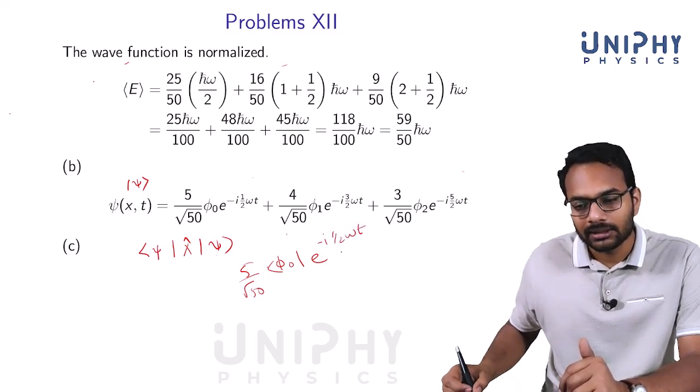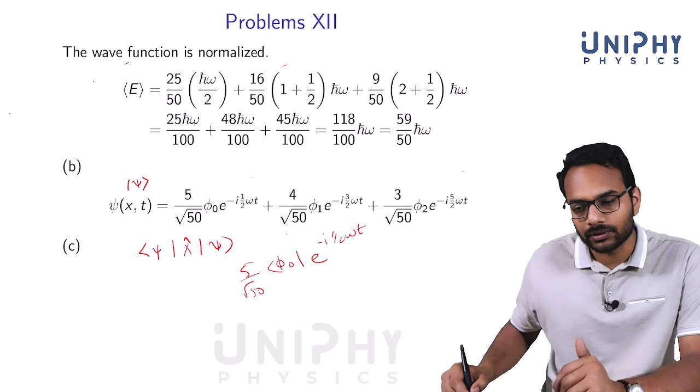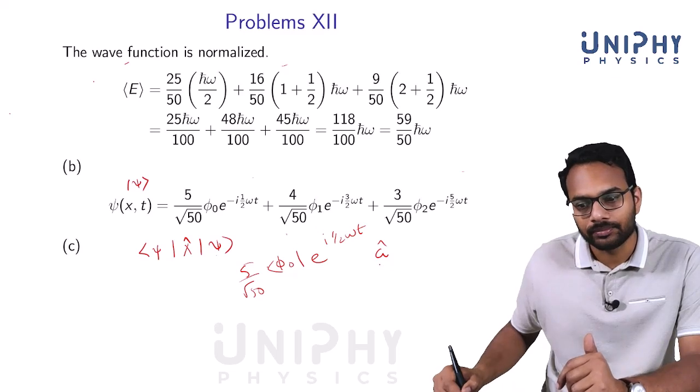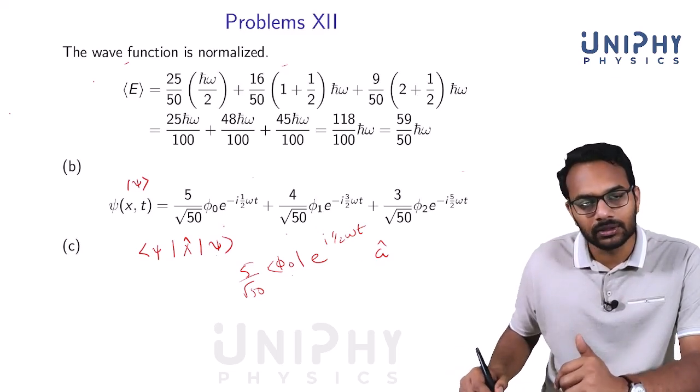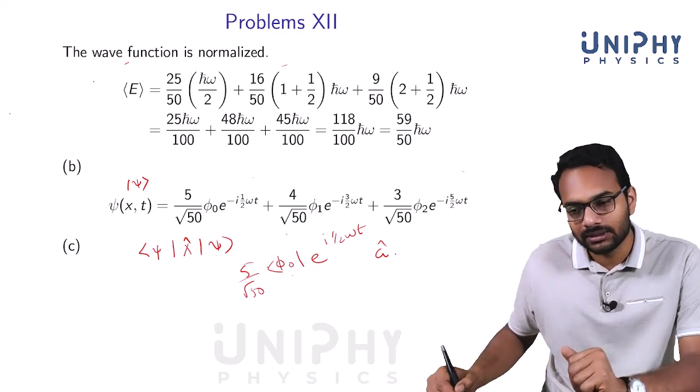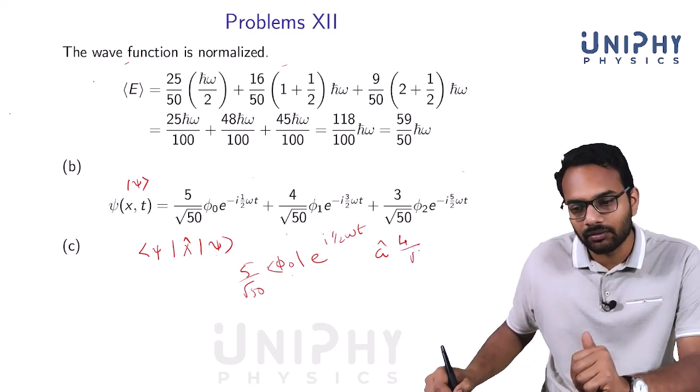This is a number, you can take it outside, of course. It's plus, you get the complex conjugate, and then x cap. Let's look at one term in it, A. You have got a phi 0 here. So phi 0 A phi 0 is 0, we know that, but phi 0 A phi 1 is not 0. So this term will survive.